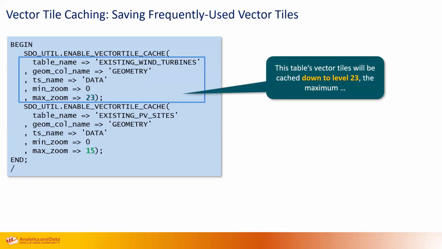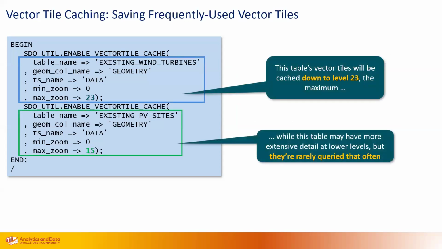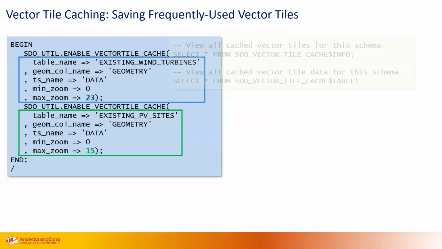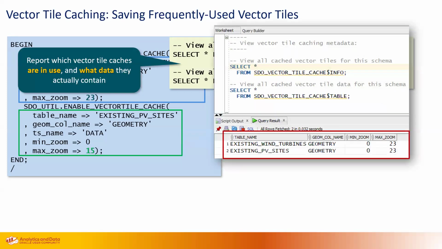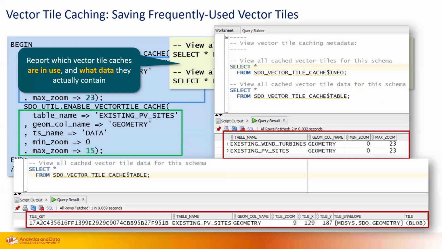Here's an example of caching vector tiles for wind turbines and for photovoltaic array sites. And I can also see which ones have been cached by querying these two views. Here's an example of what comes back from those. I can also see the individual values at that particular level.